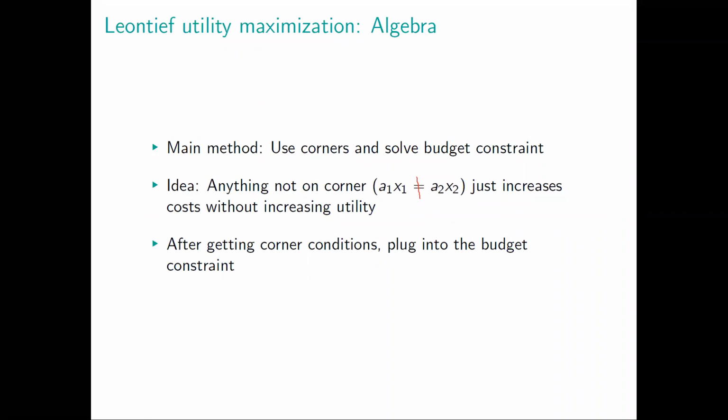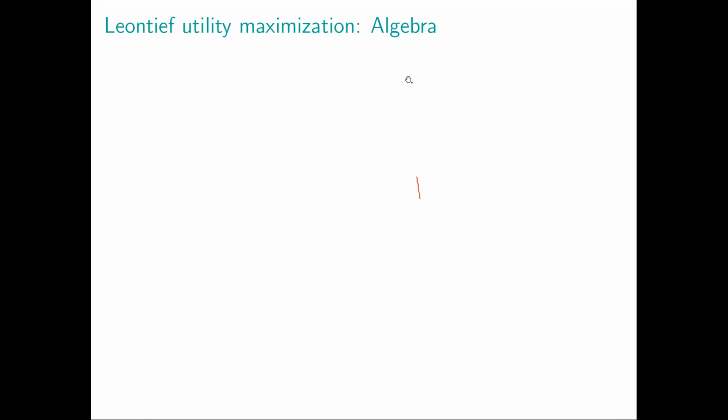Finally, after we get these corner conditions, we just plug the results of this into the budget constraints. So again, if we do this just for the general case, the corner condition is given by A1 X1 equals A2 X2.